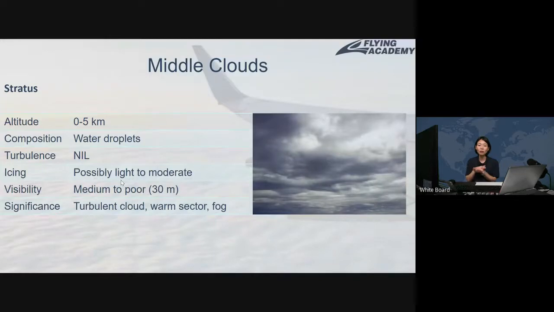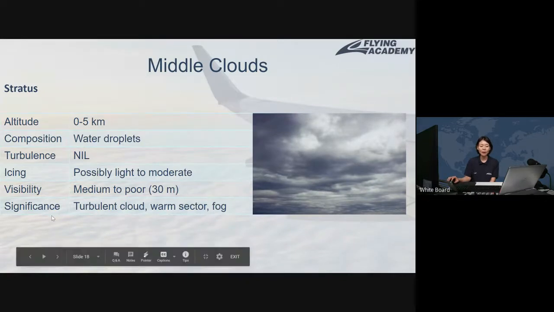When the pressure is low, the temperature is lower, so ice can start to form on the wing area, and even on the elevator and fuselage. So icing can happen because there are water droplets and the aircraft is flying fast inside the cloud. We just need to be careful. Visibility can be medium to poor. We can't see that much because of the thick layer of water moisture, because rain or precipitation is inside. And it can be a turbulent cloud, in the warm sector, and fog as well.